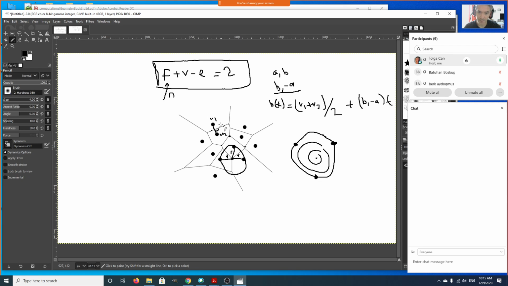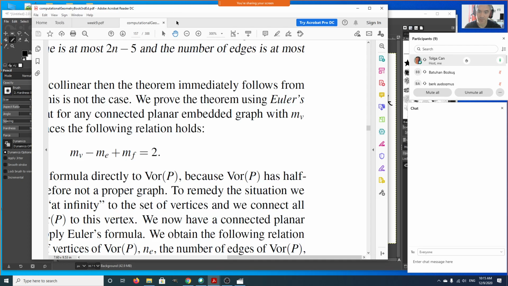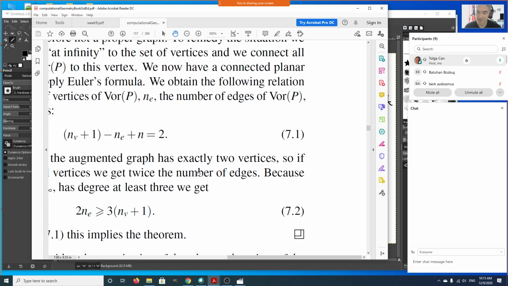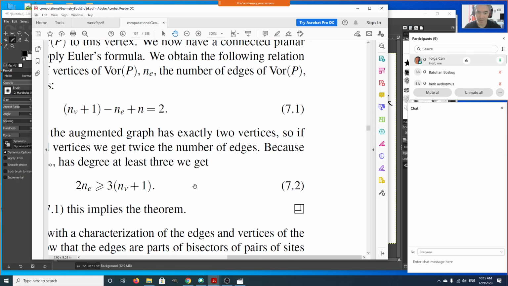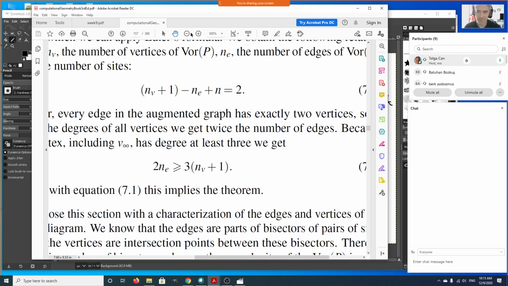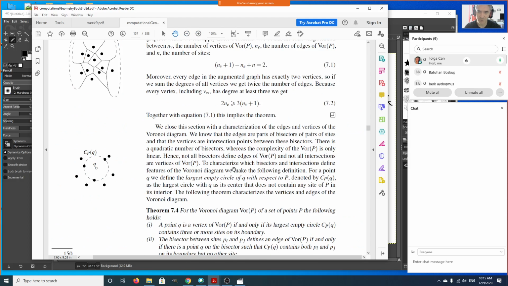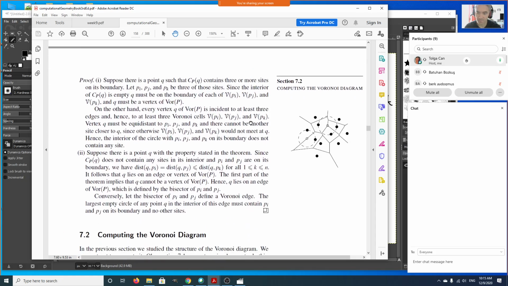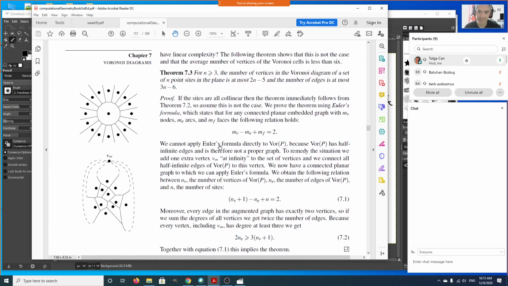So we can also make use of that to get this into a single equation about the number of vertices, and this is what this theorem is doing. I'm just going to mention the result of the Voronoi diagram property. At the end, it's going to be linear.